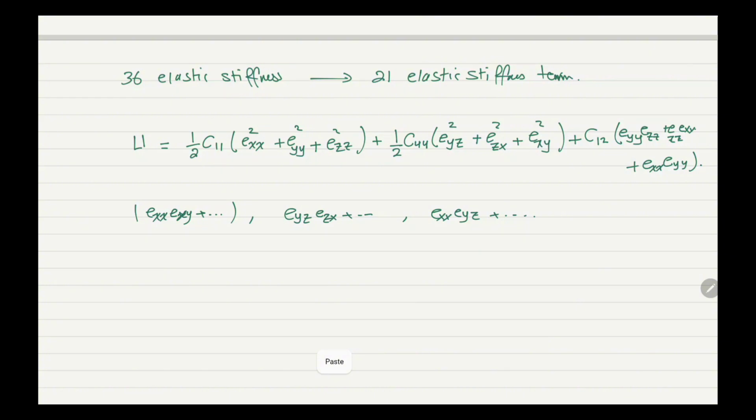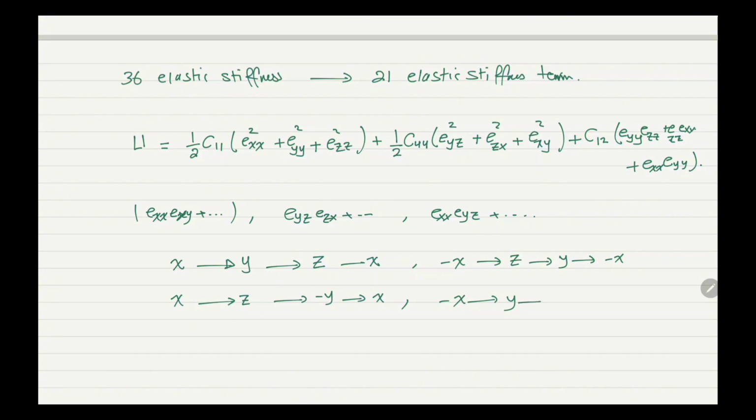In other words, the effect of rotation of 2π over 3 about these four axes is to interchange the x, y, z axes according to the following: x, y, z goes to y, z, x; and so on, with minus signs for the other axes. This is the four 3-fold rotations.